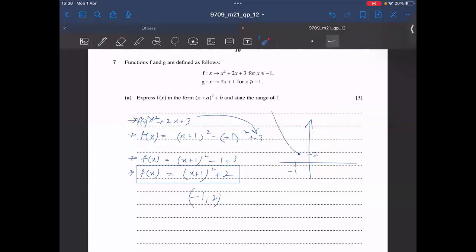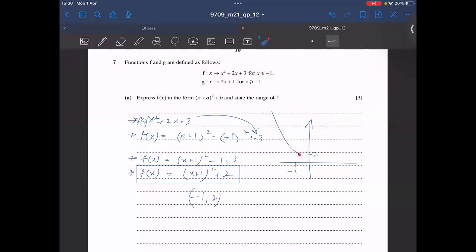All right, because the domain of f of x is less than or equal to minus 1, you're only sketching this part of the curve that is defined for values of x less than or equal to minus 1. I haven't drawn this part of the curve because your domain is less than or equal to minus 1.